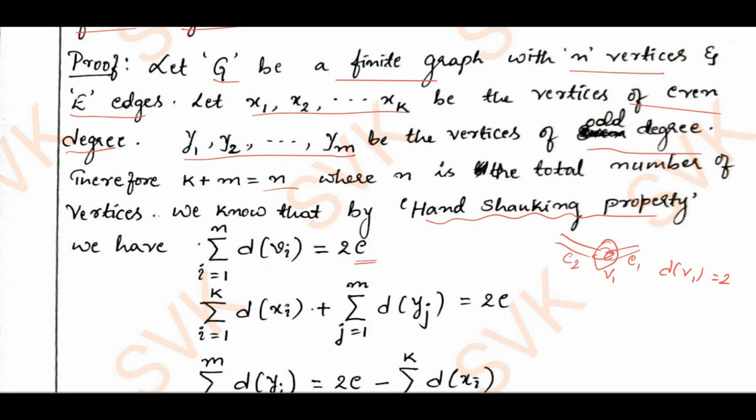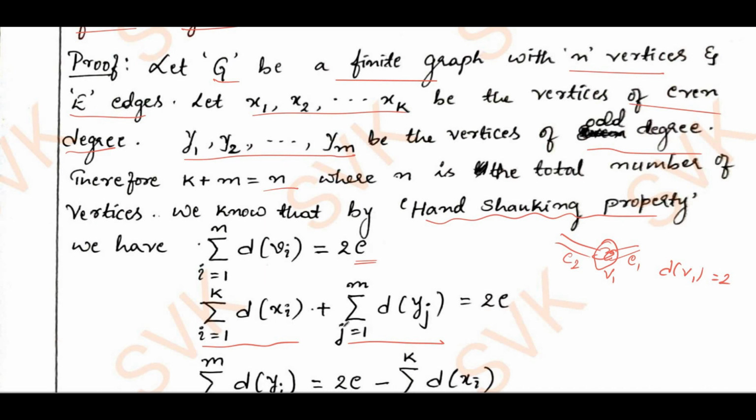Knowing this property, I have considered the degree of each of x1, x2 up to xk. So the summation for i equal to 1 to k of d of xi plus the summation for j equal to 1 to m of the degree of yj is equal to 2 times the edges. I have split the vertex degrees into even degree and odd degree.